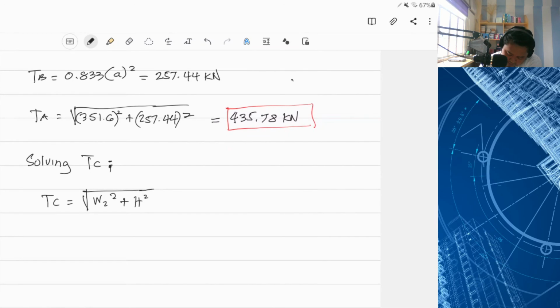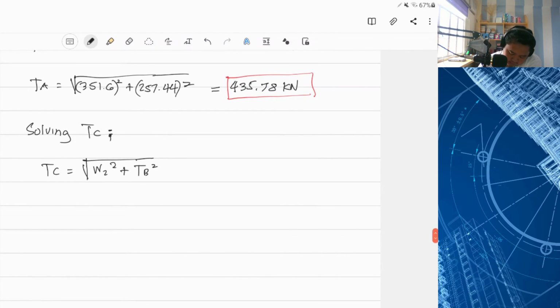But I will replace H as TB squared. So we have now this formula. We have TB. We know already that. But we will solve W2 first before we can get our tension at C.